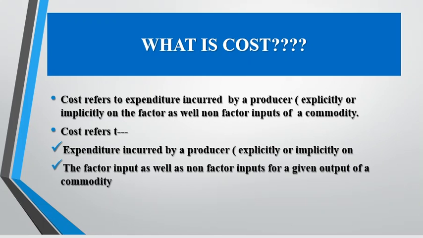When a producer produces things, he incurs certain expenditure. The expenditure which is incurred on producing the output is known as cost.